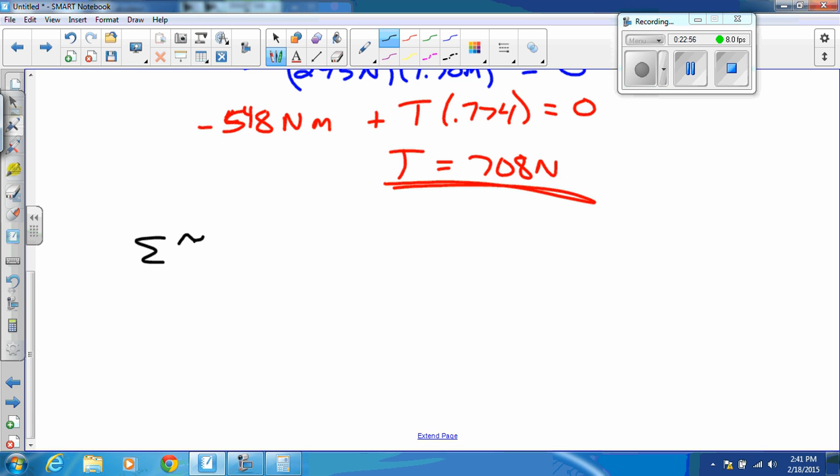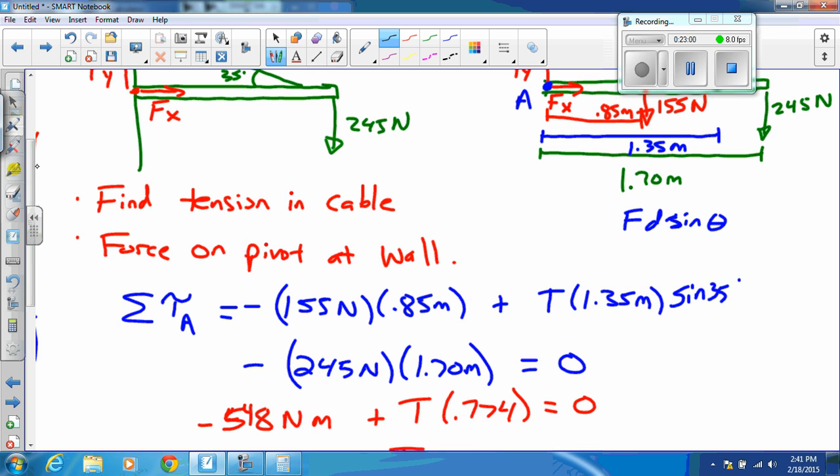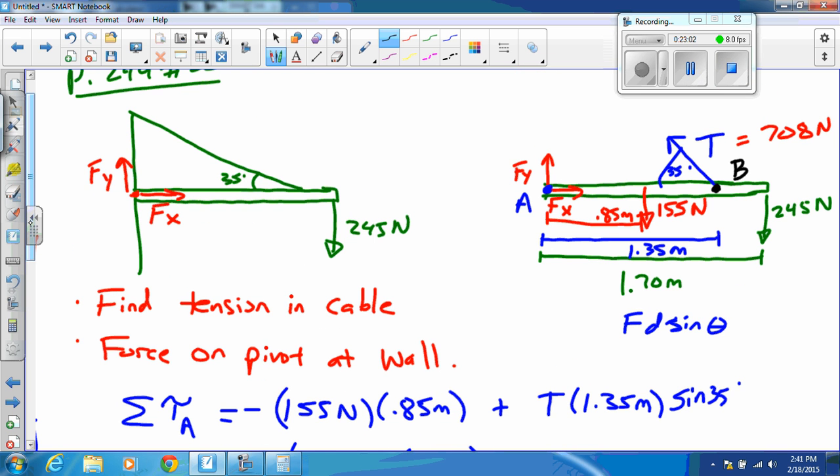There's still Fy, that's still some Fx. Let's see what happens to those. So if I do the sum of torques around point B, again, I'm going to go left to right here and add up all of the torques that are occurring around point B. Let's start with force Fy.